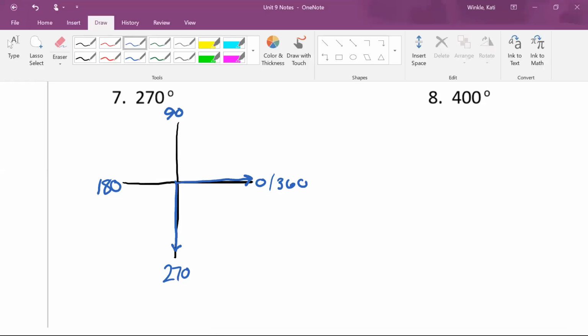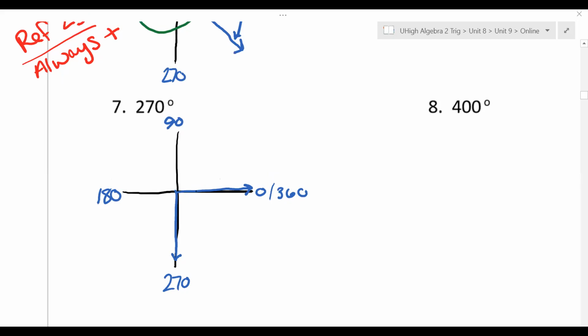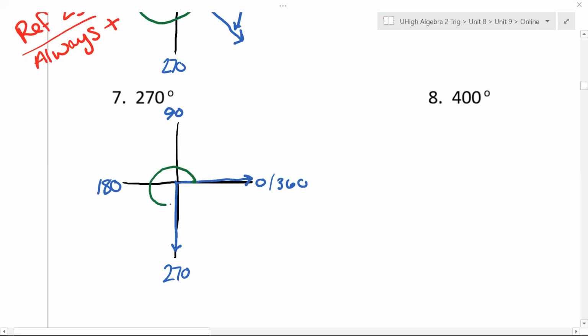When I do my coterminal angles, I'm going to start on my initial side, and I'm going to go counterclockwise first. And that's going to be a 270-degree angle. Then if I start on my initial side and I go clockwise, that's going to be a negative 90-degree angle.